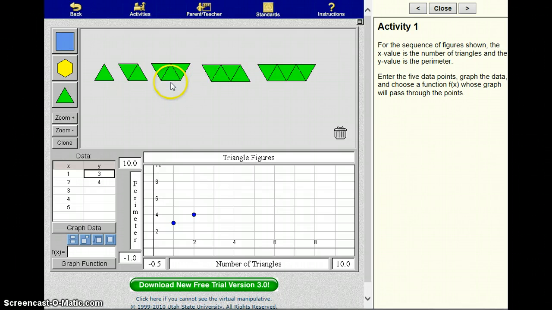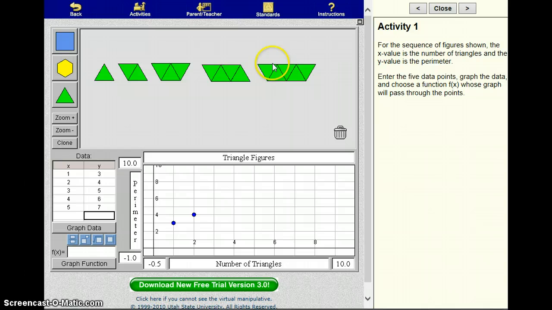So here we have 3 triangles used, and we can see that we have 1, 2, 3, 4, 5. So it goes to 5, and 4 triangles will go to 6, and 5 triangles will go to 7. Let's verify that. 5 triangles going to 7.